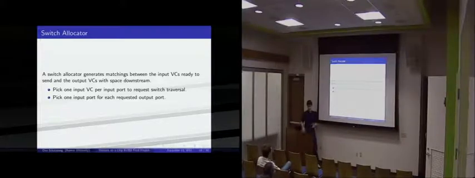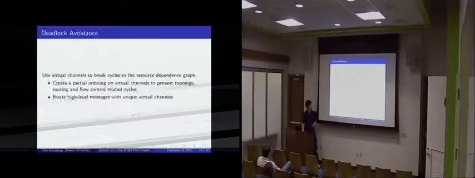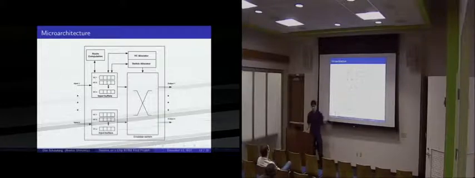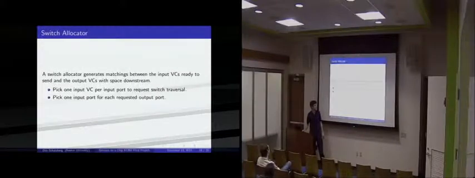Because again, the way I've drawn it back here, I can only send one virtual channel at a time. There's no point in saying multiple of these can try to win. So I pick one of them that's ready to send. And then at the output port, I pick one of the input ports that had something ready to send and send to that. And that sends things through.